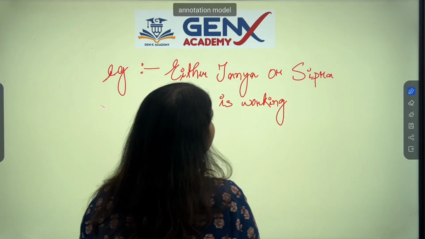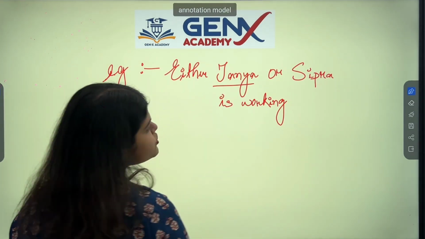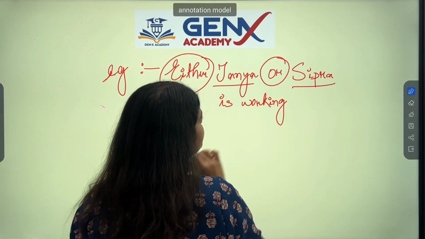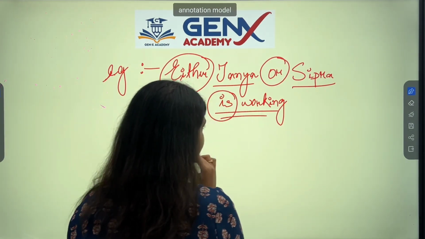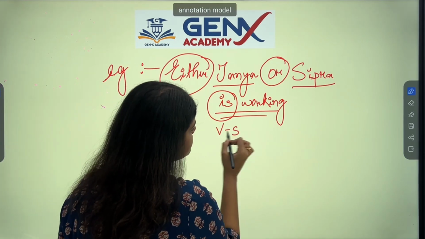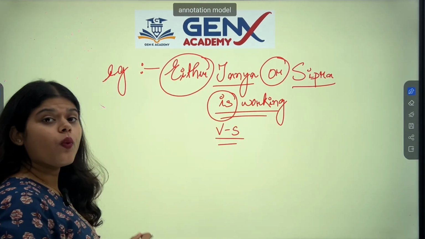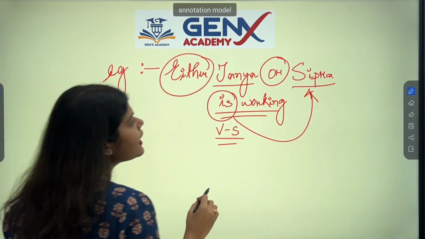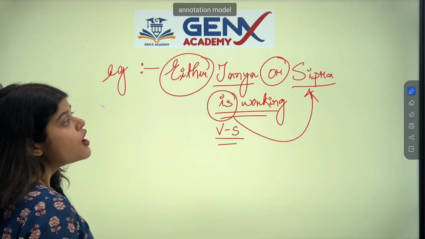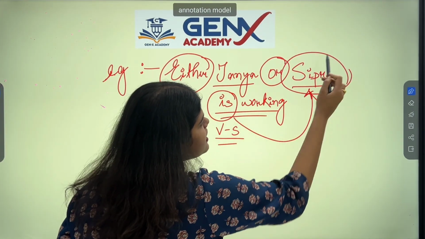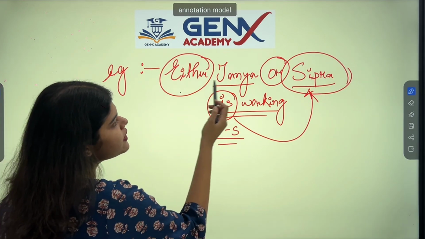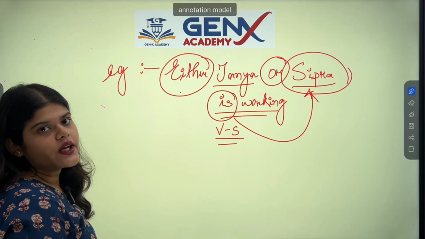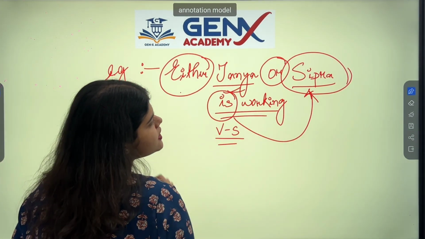Here, this is your first subject, this is your second subject. Either or is used here and the verb is singular in nature. Why? Because the verb follows the second subject. So we will not consider that both Tanya and Shipra are written here, but only the second subject, which is singular. So either Tanya or Shipra is working, and not either Tanya or Shipra are working. So the verb stays singular.